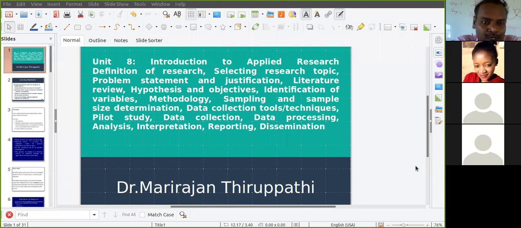Today, I'm going to start with Unit 8. Unit 8 is an introduction to applied research. So many different research methodologies are there, but for health sciences, applied research is the one prominently used.